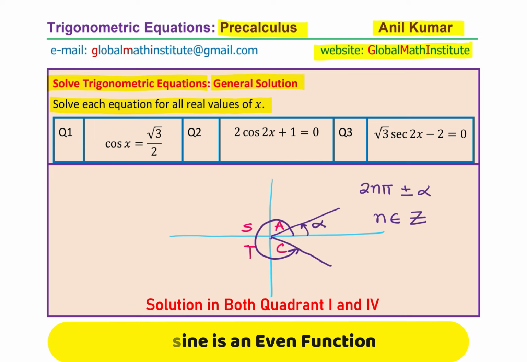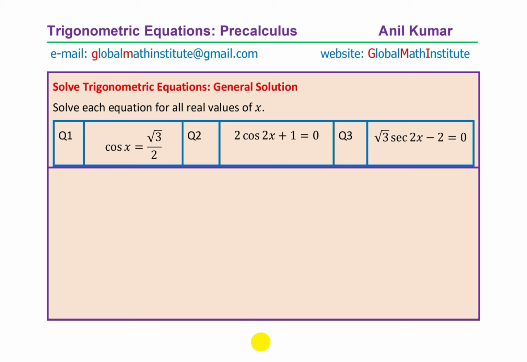So based on this concept, we are going to solve and provide you with the solutions. And we are going to use these special triangles for exact values. So let's begin with the very first question, which is cosine of x is equal to square root 3 by 2.